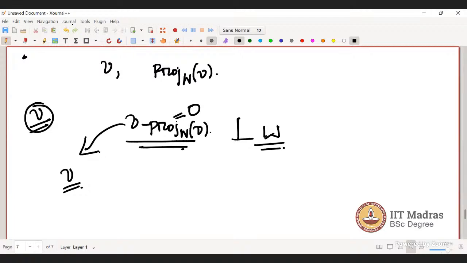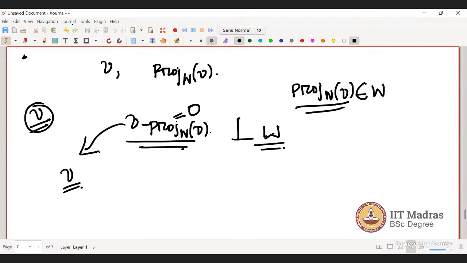I'm talking about projection of v being in one direction, and v minus projection of v being perpendicular to the projection of v. Yes, true.